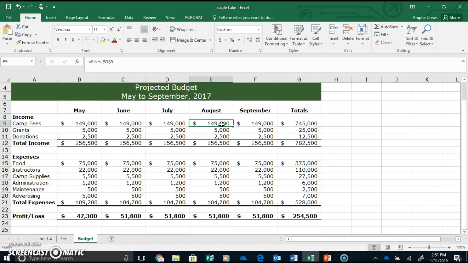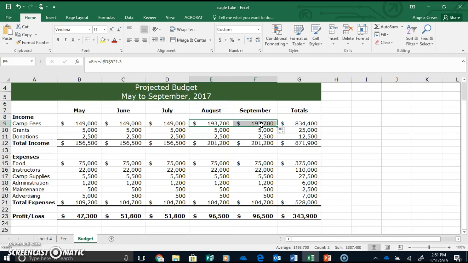So 100% plus 30% is 130%. So I'm going to go up here to the formula bar, click after the 5, Shift 8, and multiply it times 1.3, which is 130% written as a decimal. Press enter. Click in August and drag through September. What is your new fee income for August and September combined?